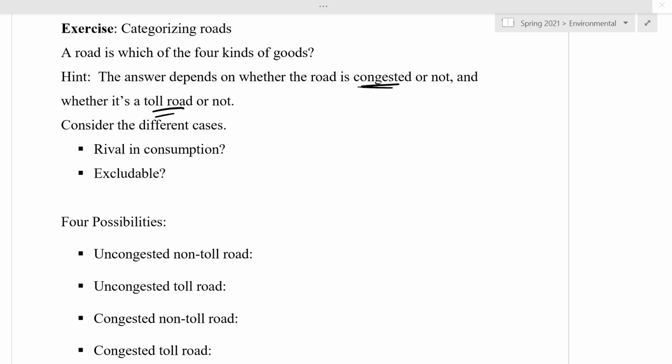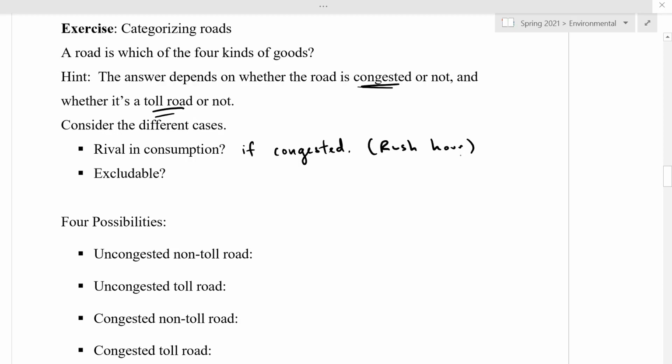So a road will be rival in consumption if it's congested. So if there are a lot of people on the road, then by me being on, think about this as rush hour, right? By me being on the road during rush hour, that's slowing everybody else down.